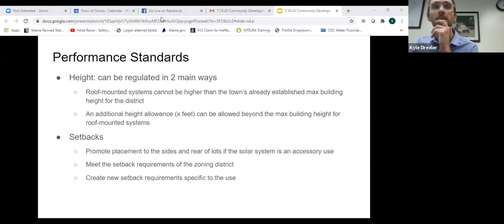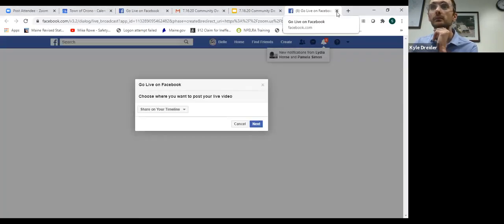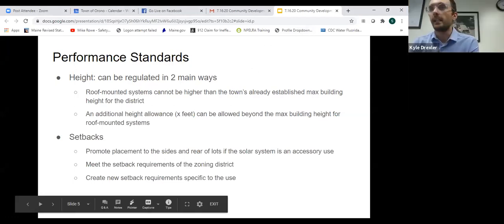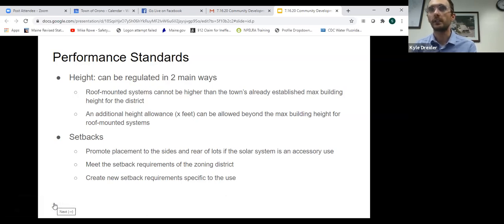As far as setbacks go, again, I've seen model ordinances recommend both ways. We have side, rear, and front setback requirements already for every zoning district.